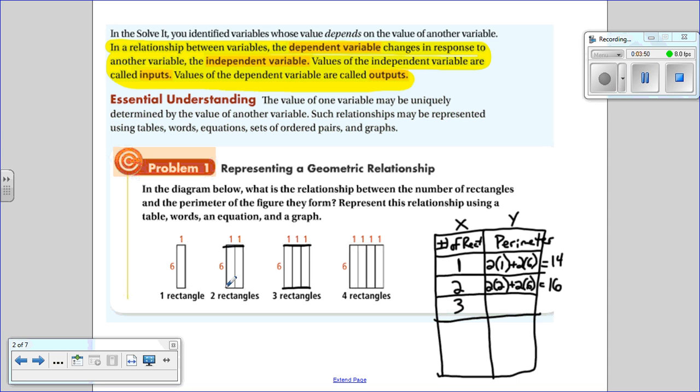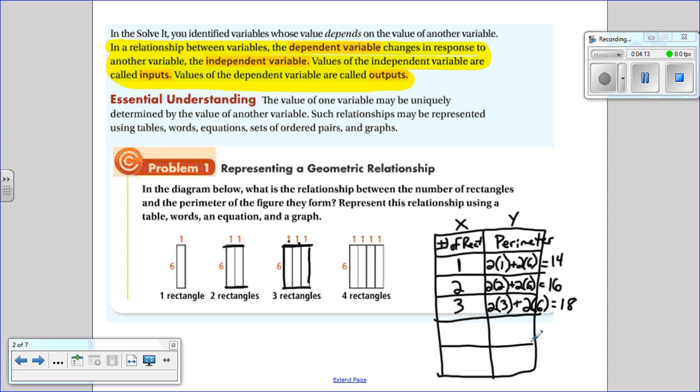Two of these sides, and each one is 3. So we have two sides that are 3, the top and the bottom, plus two sides that are 6 long. This side and this side are 6 long each. And that gives us 6 plus 12, which is 18.